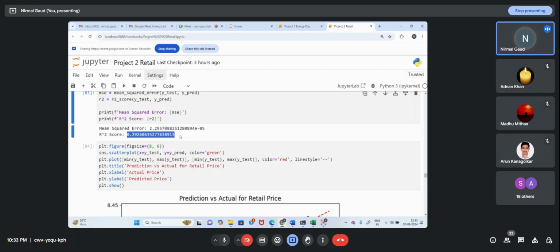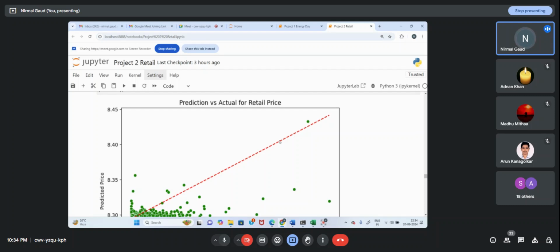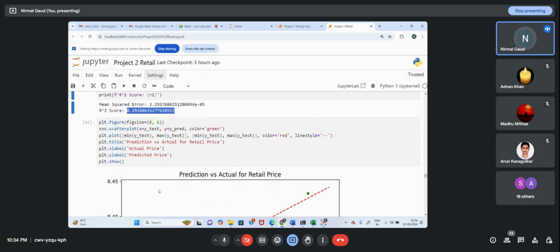R2 means 29 or 30% of the points are captured. This is how the plot is coming: this is actual and green are the predicted. So linear regression shows a good response.